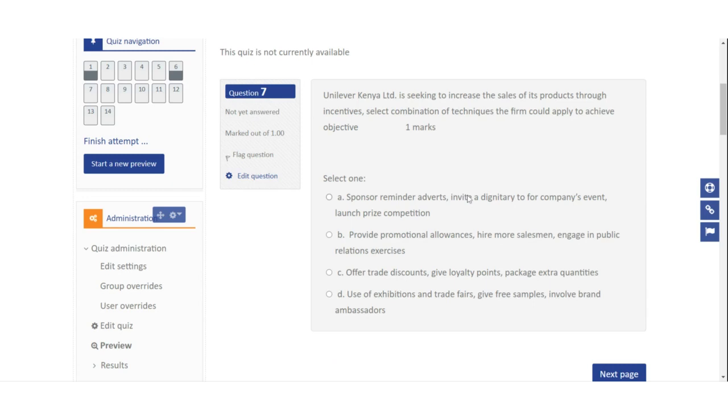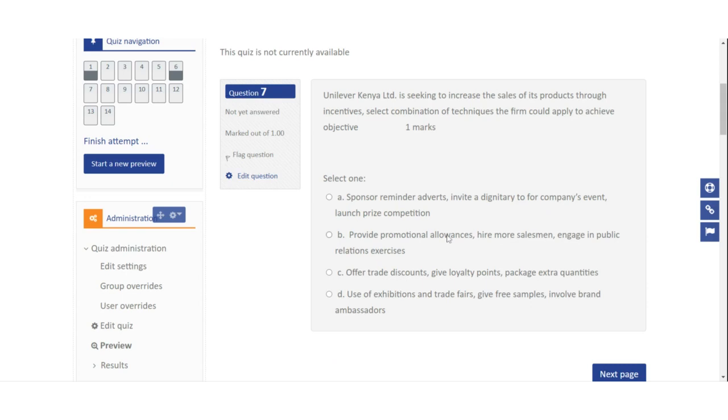Inviting dignitaries to a company's event is more of publicity. Launching a price competition is like when you go to a supermarket and find buy one get another free, or anything where people can win prizes.